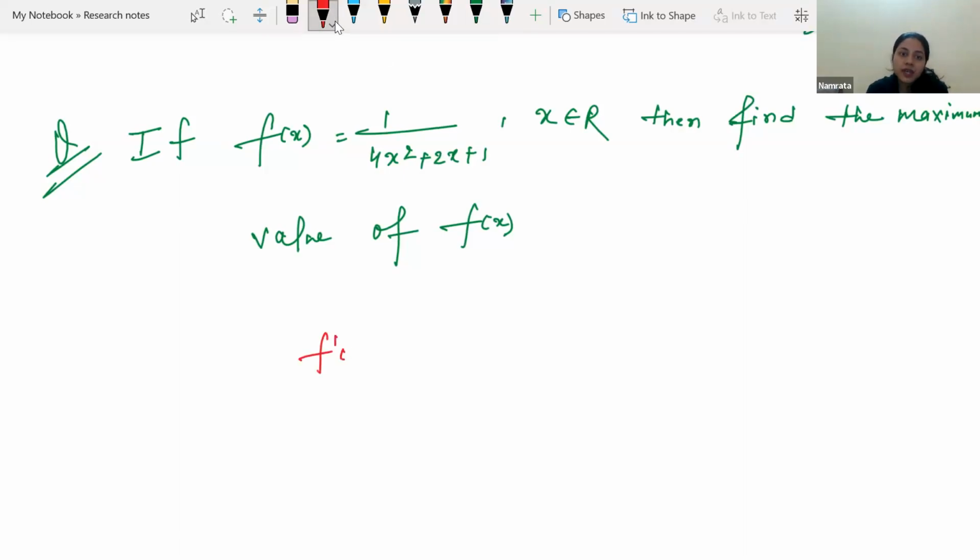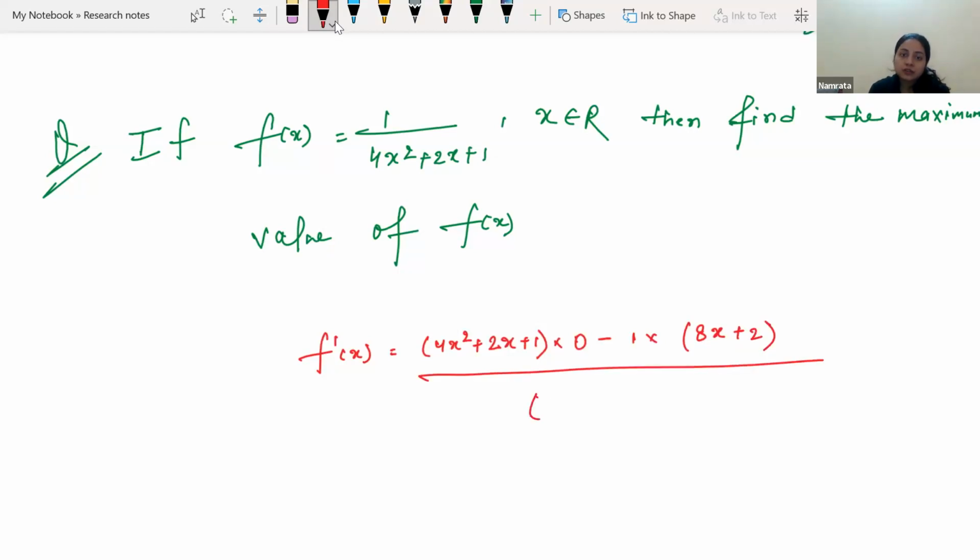Let's differentiate. F dash x is equal to, the quotient rule we need to apply here. So 4x square plus 2x plus 1 times u dash, which is 0 since u is 1, minus 1 into 8x plus 2, over v square.